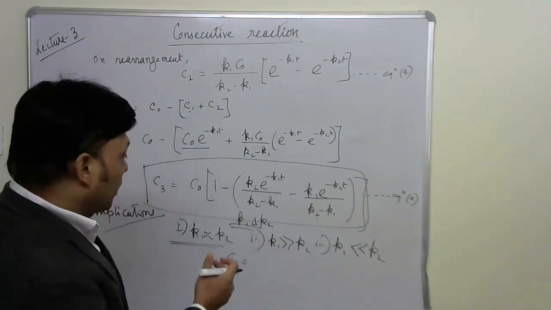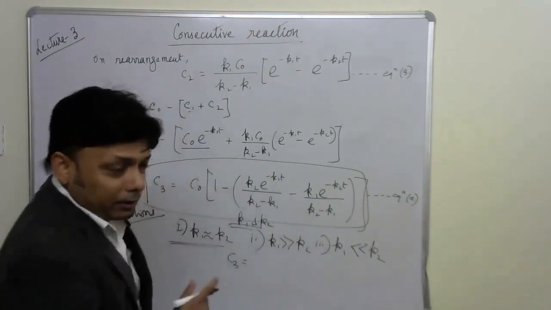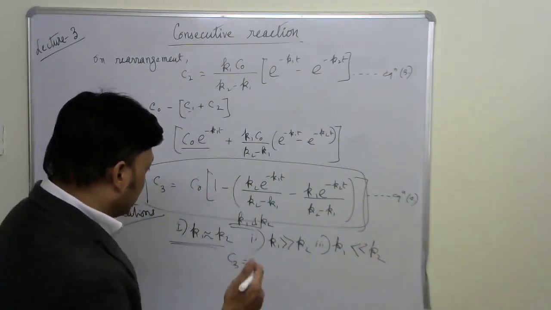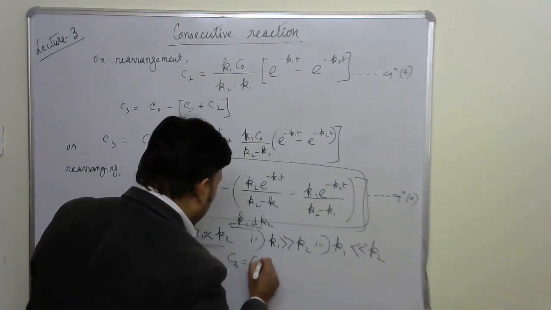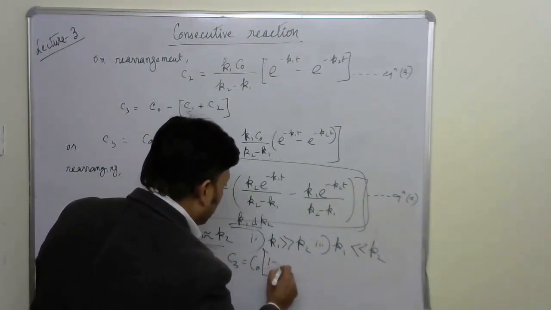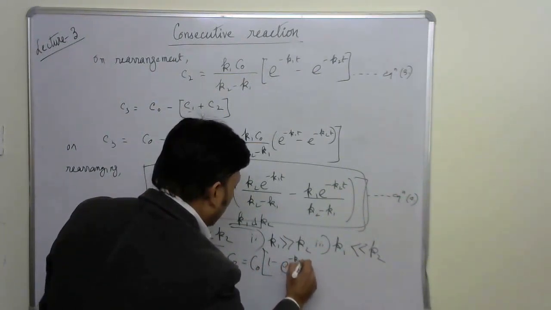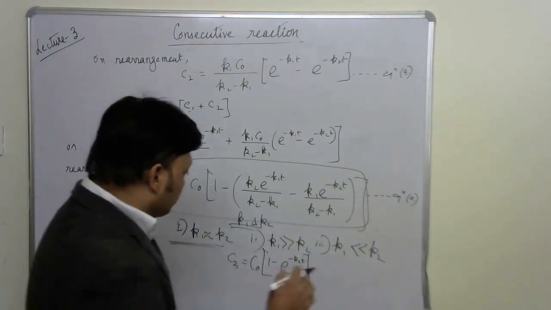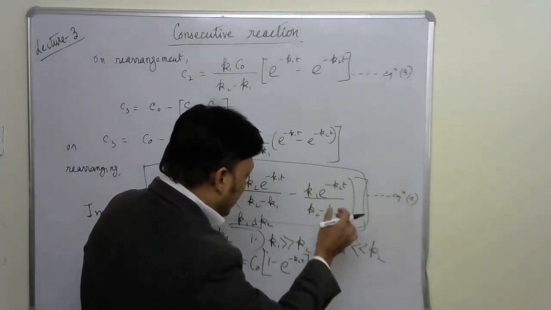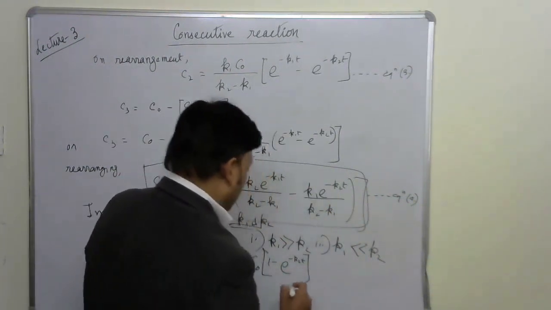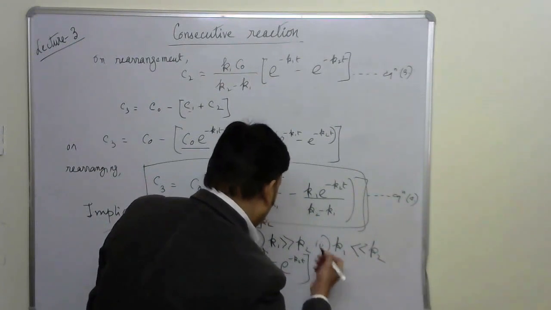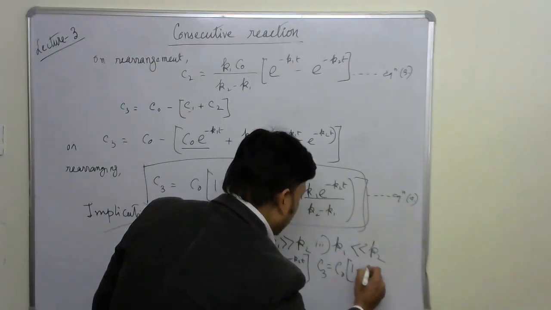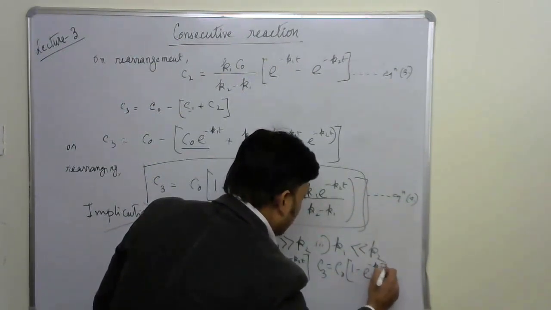If you do your maths correctly, then when K1 is much greater than K2, or when K2 is negligibly small, the kinetics transforms into C0 times 1 minus e to the power minus K2t. And for the other case, where K1 is negligibly small, the integrated rate law C3 becomes C0 multiplied by 1 minus e to the power minus K1t.